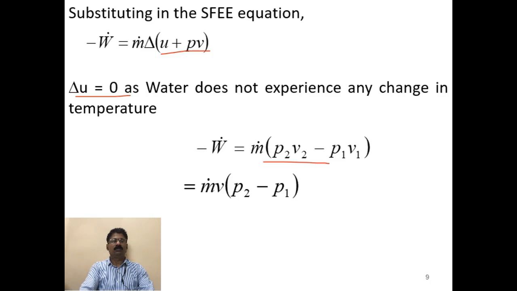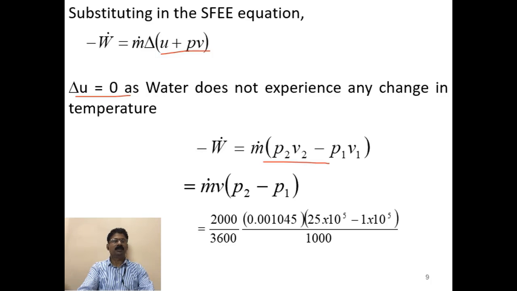So m dot V into P2 minus P1, as V remains same for water, it is incompressible. So if you substitute, you will get W is equal to 1.393 kilowatt. Since it is negative, because it is a pump, work input is required to drive the pump.